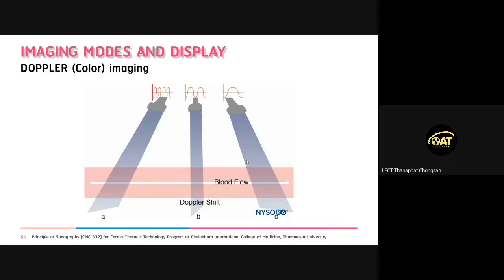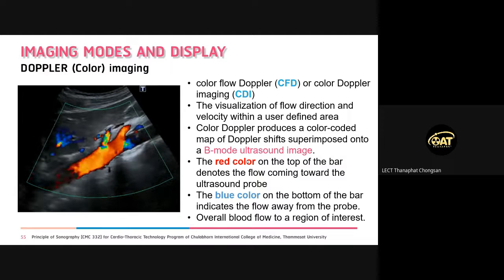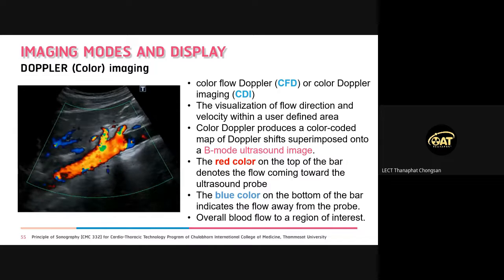In Thai, if the sound wave moves in the opposite direction to the blood flow, it gives a red image showing high signal intensity, but if it moves along the direction of the blood, it gives a low intensity image, shown in blue. From the previous slide, a high intensity image is represented by red color and a low intensity image by blue color.